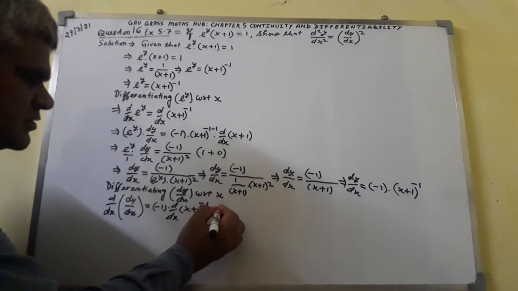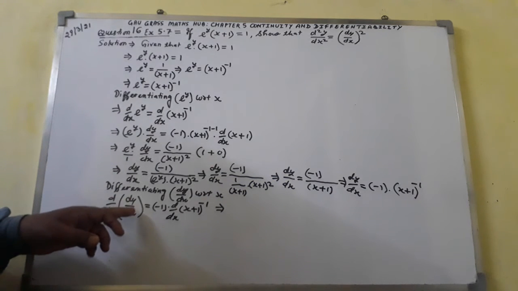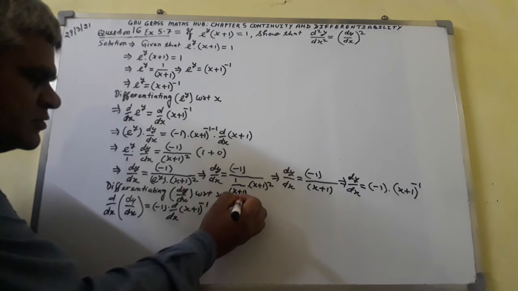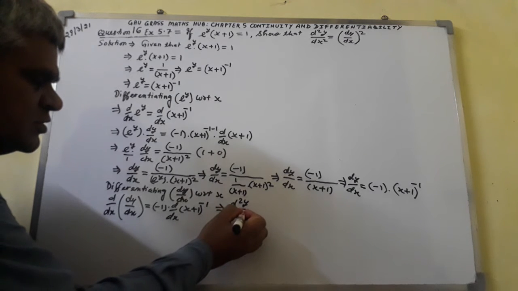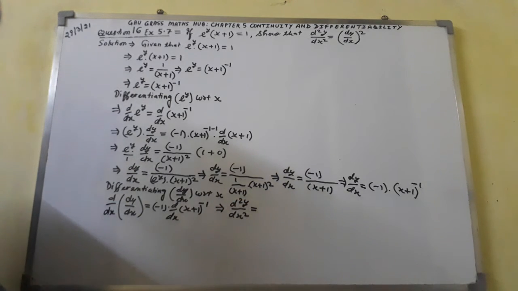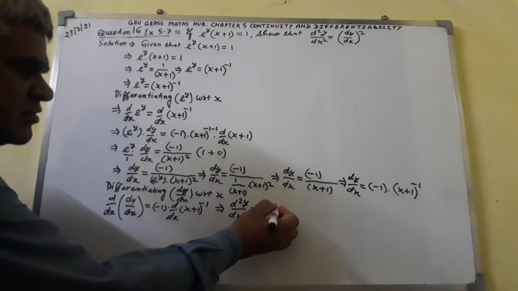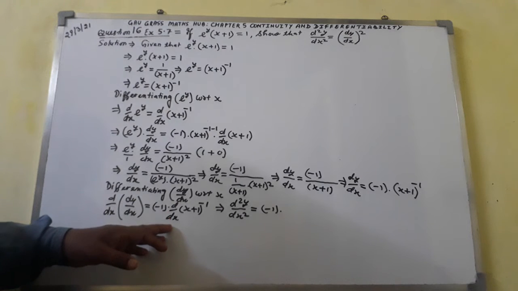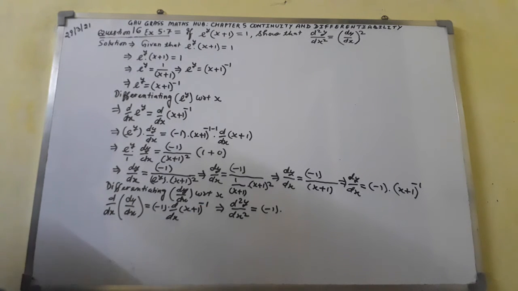This implies that d over dx of dy over dx comes out to be d square y over dx square equal to minus 1 dot d over dx of x plus 1 raised to the power minus 1.